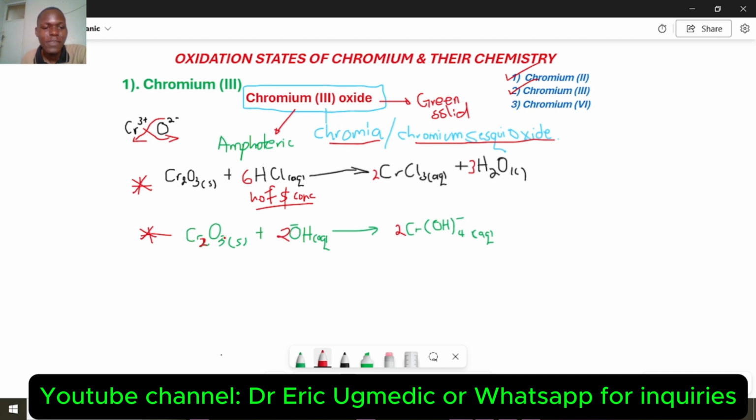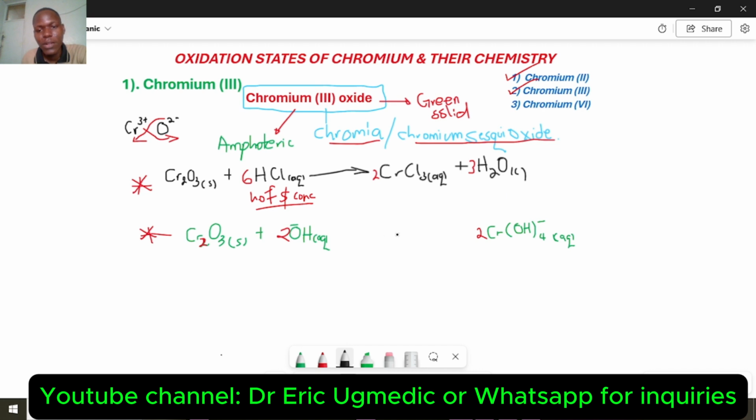What's remaining is that my oxygen and the hydrogens are not balancing with what I have on my right hand side, so I will introduce water to help me balance this equation. I'll carry it more to the right to have more space.